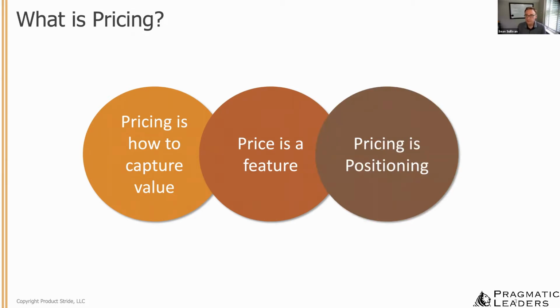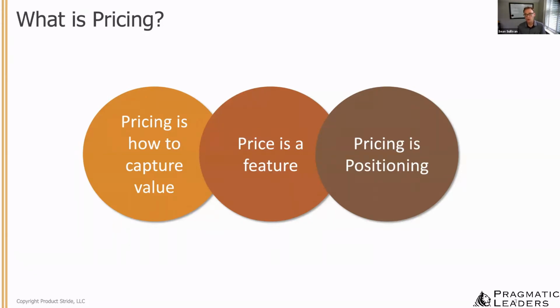And lastly, pricing is beyond just a feature. It's core to the positioning of your product. So there's an overlap, in my view, a great overlap between product management and product marketing. Positioning is often thought of as a product marketing function. But just like all the key attributes of your products, the pricing plays a pivotal role in how you position it.